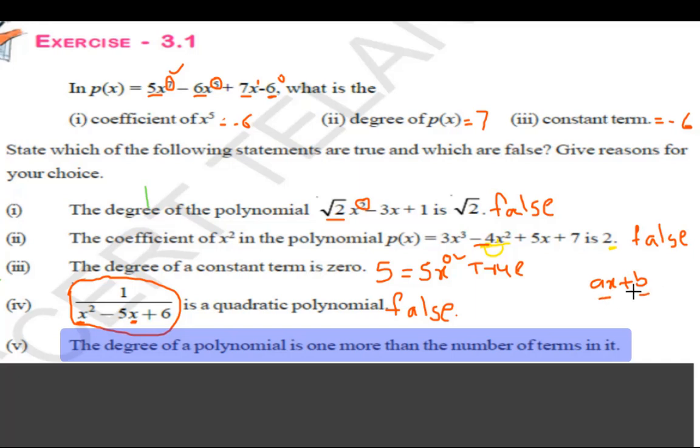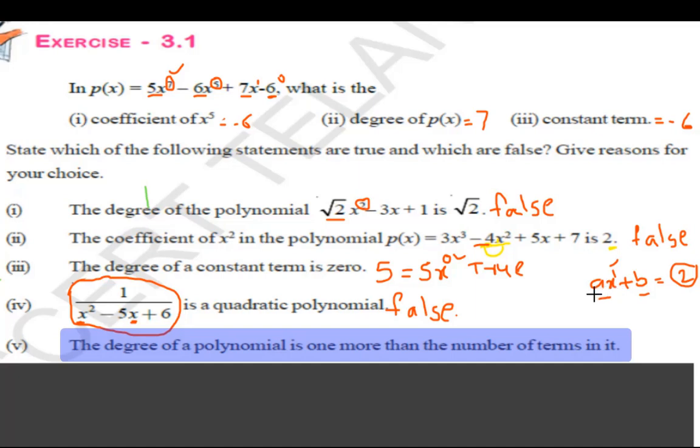Now what is the number of terms this polynomial contains? It is 2. And what is its degree? 1. So here the linear polynomial contains 2 terms and its degree is 1.